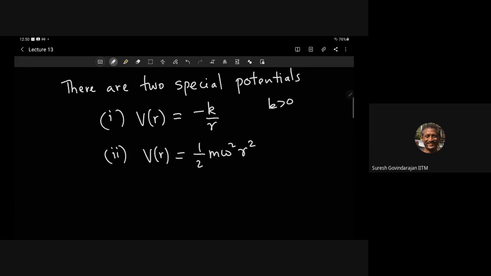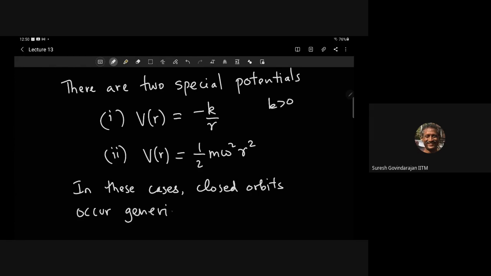In these two cases, closed orbits occur. Of course, in the 1 by r potential, there are also open orbits.